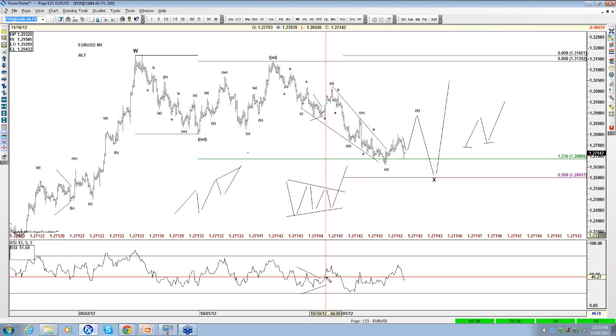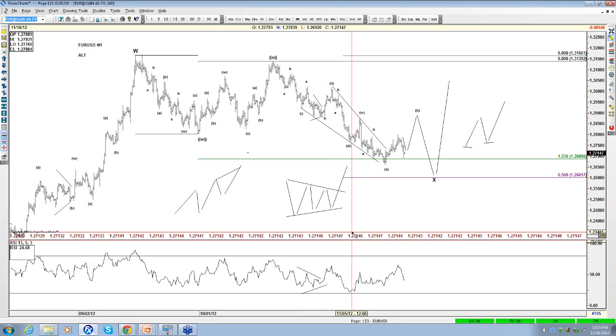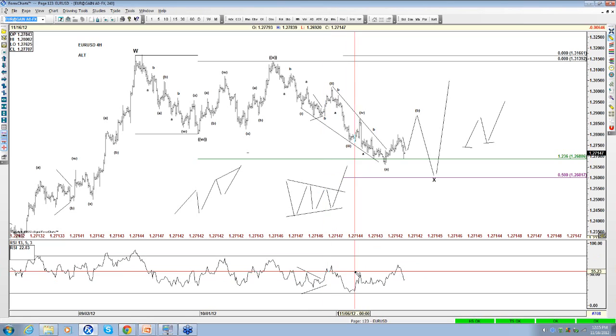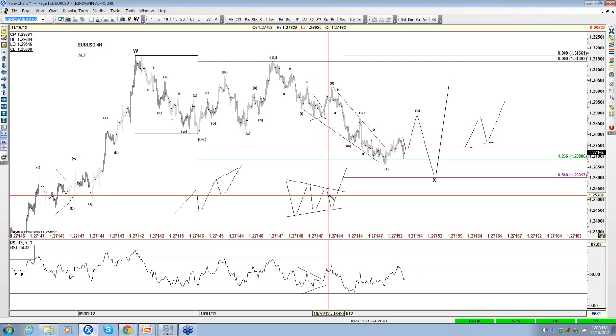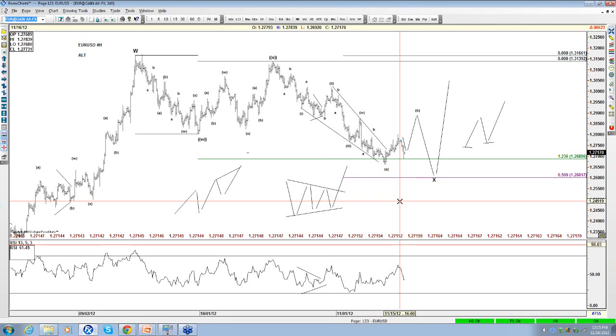Now, if the trend line is broken, let me see if I got the question right. If you are labeling a triangle and you see that the trend line broke in the RSI, but the price has not, that means to you that that's no longer a triangle.